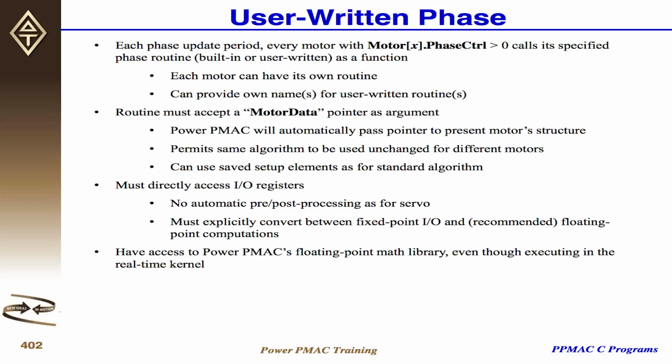And then you can associate your own user-written phase algorithm with that motor, and it'll run instead of the built-in one. You can name your user-written phase however you like, but it must accept a motor data pointer. And this is a pointer that allows you to get access to all of the structural elements for the particular motor that's executing this algorithm.